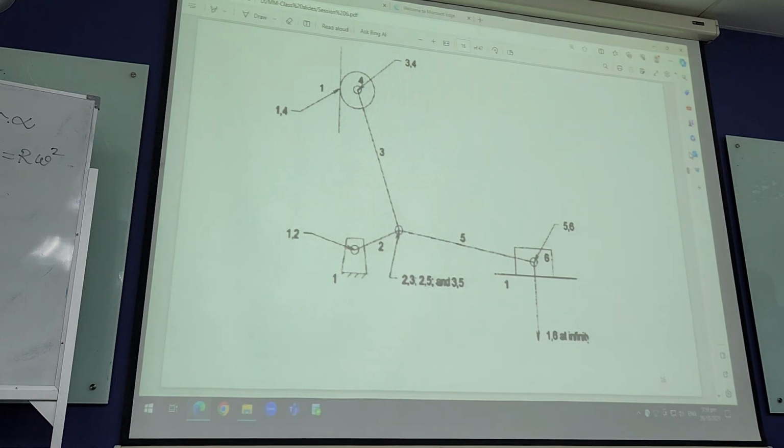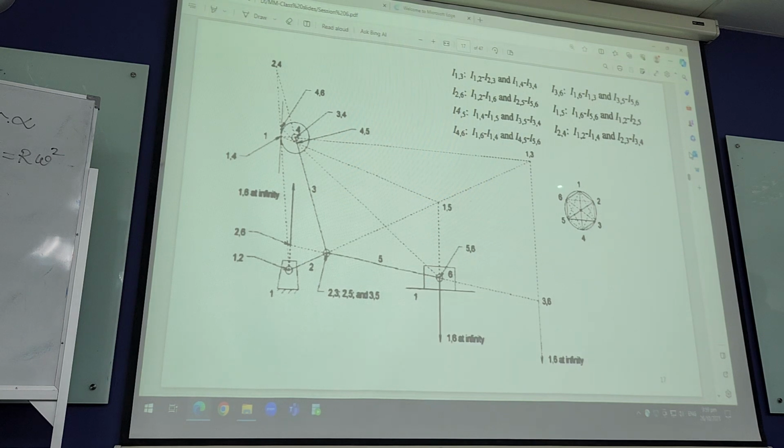So that means you can see 8 ICs right here, 1, 2, 3, 5, 6, 7 and 8. So the remaining 7 ICs you need to find out. Okay, so you can follow any method you want. You can draw the circle, draw all the ICs which you have identified. So like this. Okay, so you know 1, 2, you have identified.